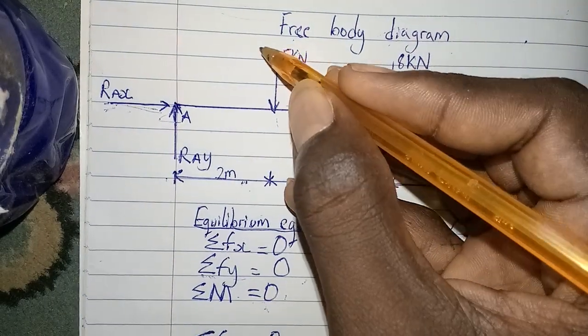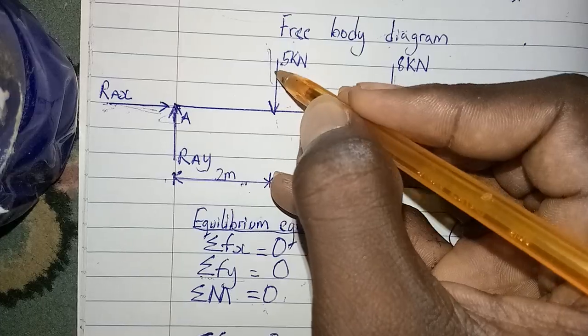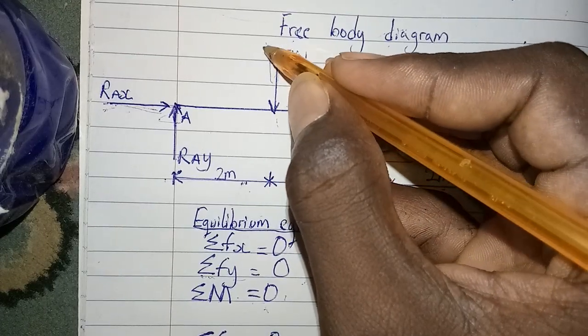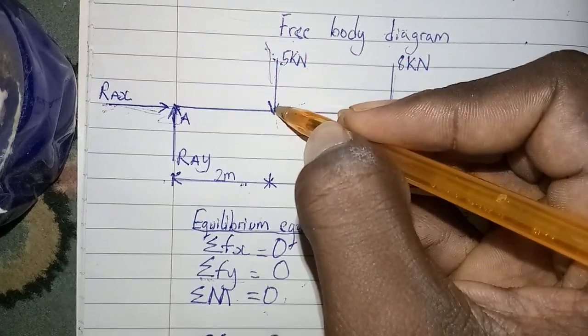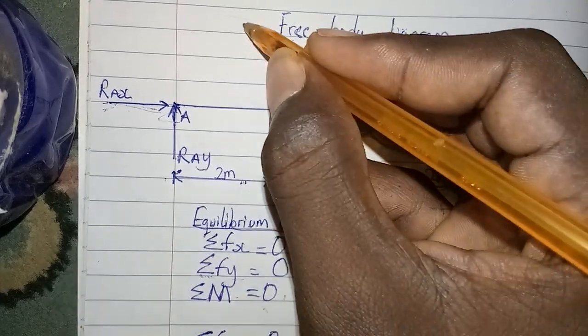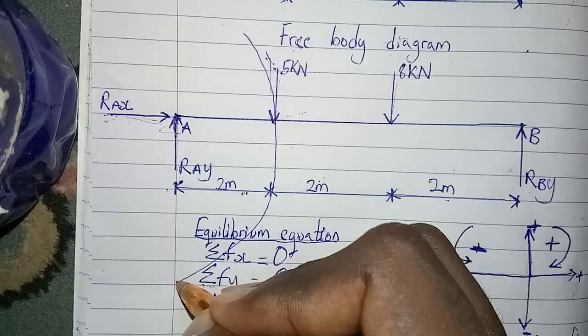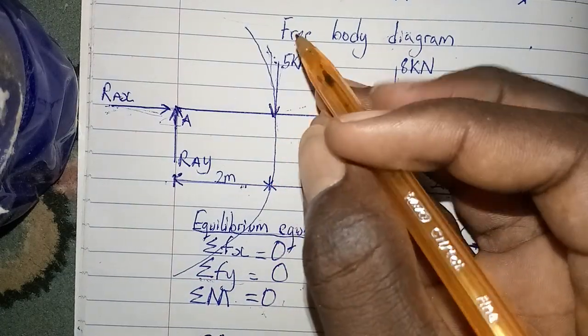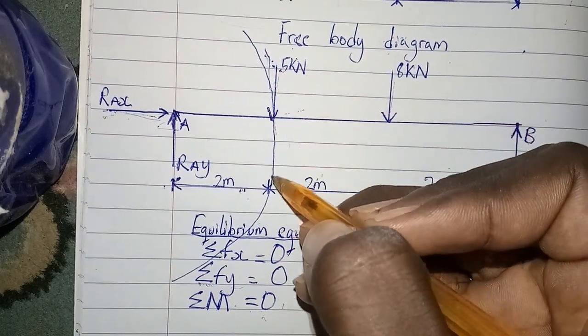So we take this force. This arrow is going in the clockwise direction, because it's going like this. So we take this one as going clockwise.